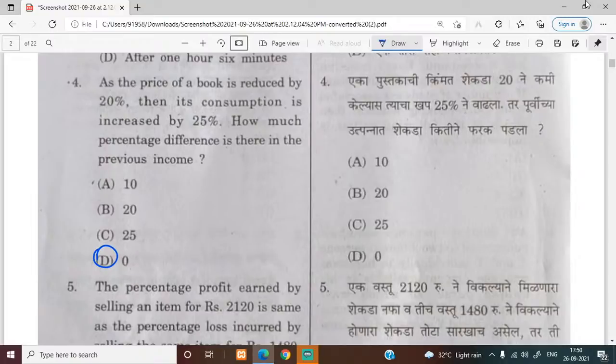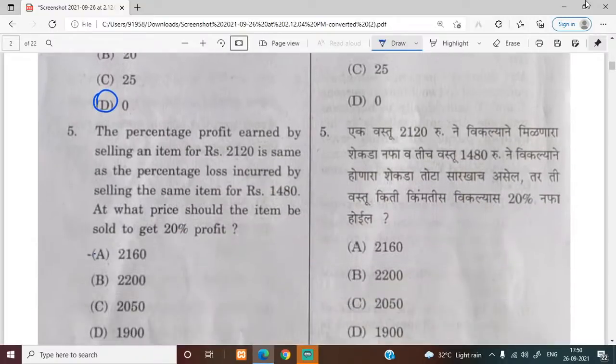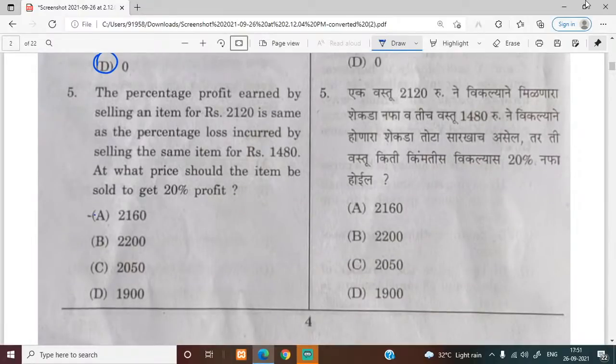Okay. Let's move on to the next question. So this is a little lengthy question, students. Just have patience. We'll solve it together, so that you know why the right answer is option A. I'll explain this question to you properly. The question says the percentage profit earned on selling an item at 2120 rupees.